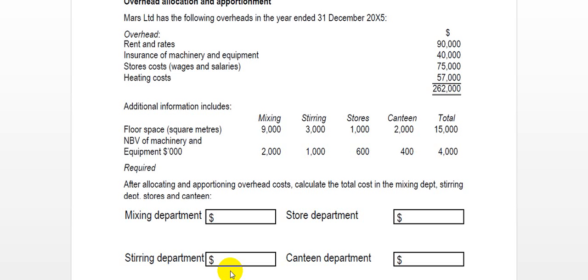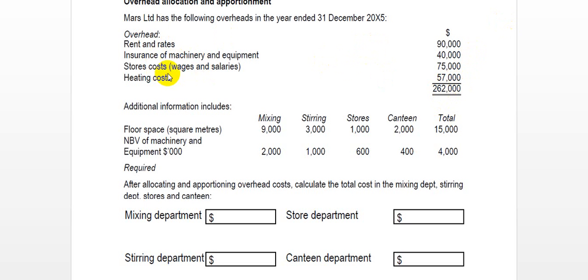So you have the mixing department, stirring department, stores department, canteen. Then you've got the overheads there, which are broken down. The total overhead being 262.